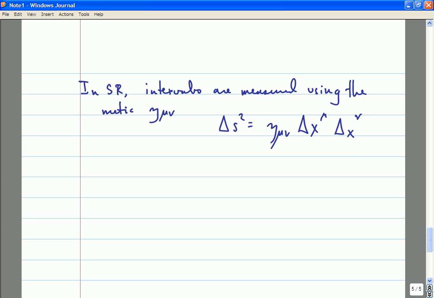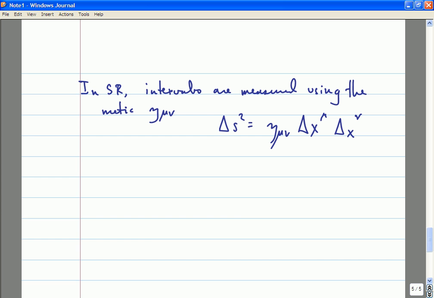I'll strive for lack of ambiguity, but I won't always succeed. So, for example, delta S squared, through context, you can understand that this is the square of a quantity rather than the second component of some vector, for example. Good question. Other questions?